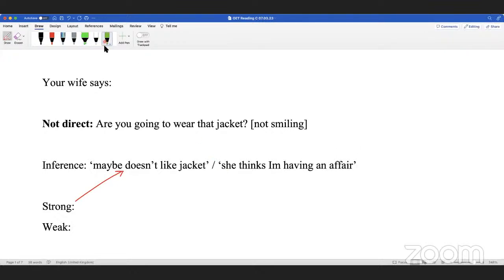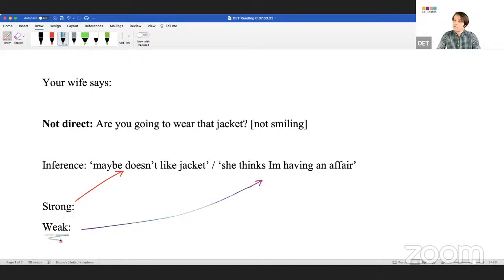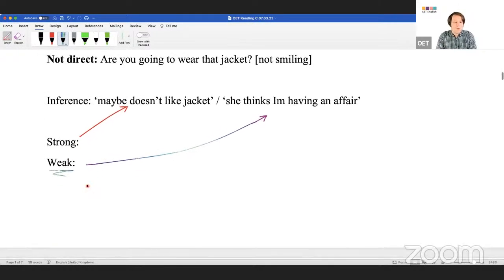No, it's a weak one. You're going too far now, right? Maybe she thinks that, but you cannot say that from only one question. Does that make sense? So often OET will use weak inferences against you, right? You can only get strong inferences in OET. So that's inference, guys.